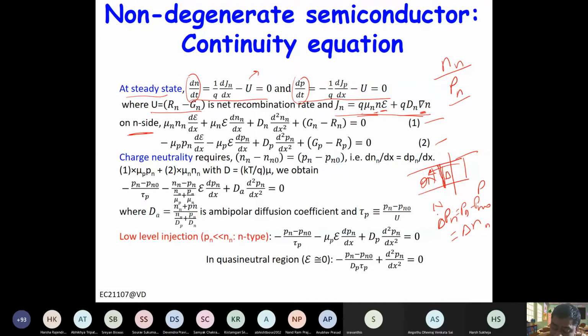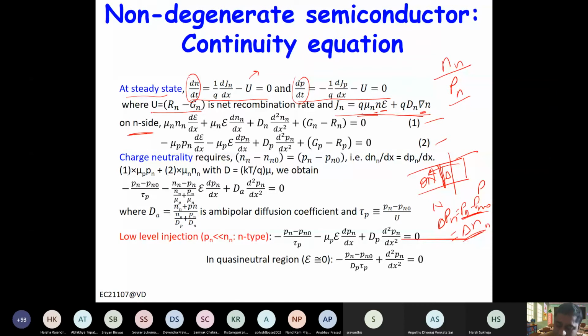But if you see the change in concentration for electrons relative to the majority carrier concentration, and the change in hole concentration relative to the minority carrier concentration, of course the relative magnitude of this change in hole concentration will be quite large, right? The absolute difference is the same, right?